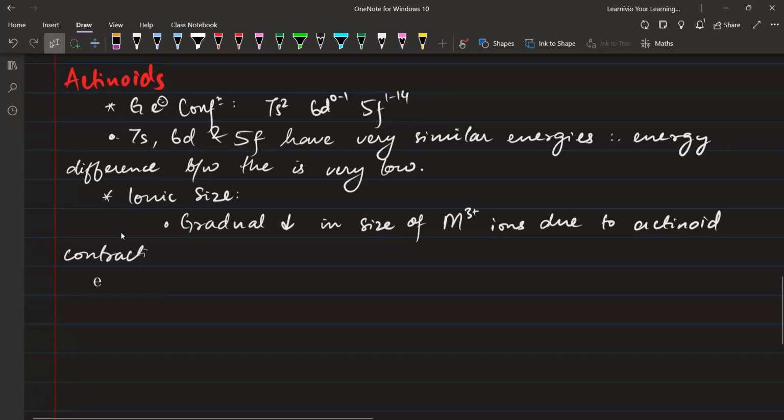Now, actinoid contraction क्या है? Similar thing as lanthanide contraction. And actinoid contraction ये क्या होता है?